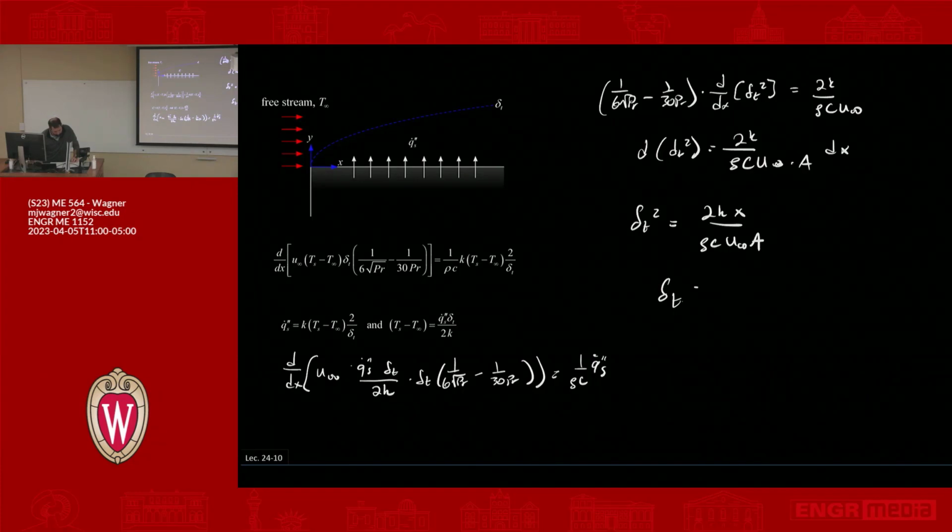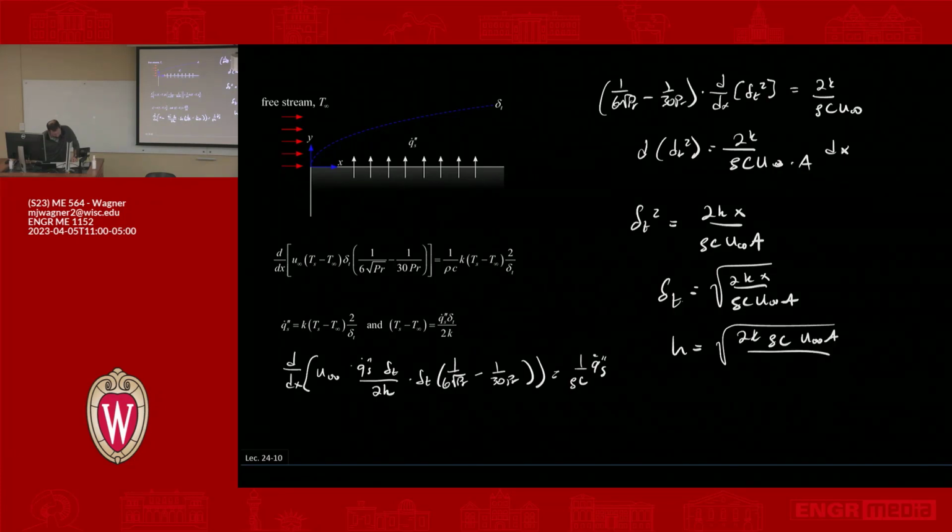Rearranging, delta T equals square root of 2kx over rho c u infinity a. h would then be the square root of all that stuff, so 2k rho c u infinity times a over x. And this is the solution, right? So this is our heat transfer coefficient, h sub x, as a function of x.